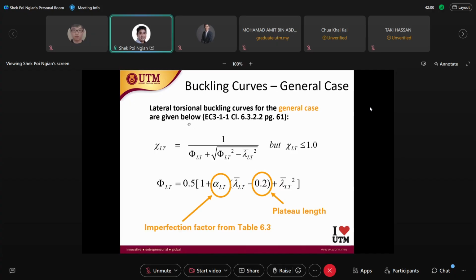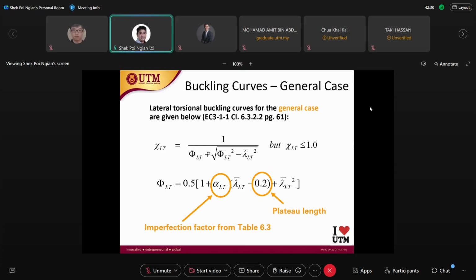Okay, so under the general case, clause 6.3.2.2, in order to get the reduction factor chi LT, we have a formula: 1 over phi LT plus square root of phi LT squared minus lambda LT bar squared.